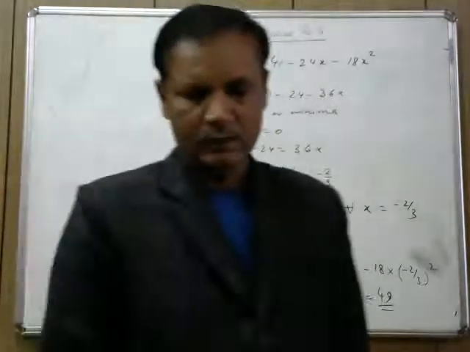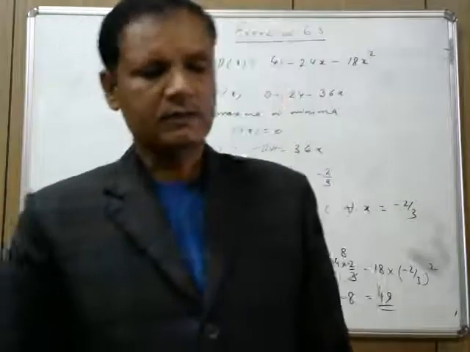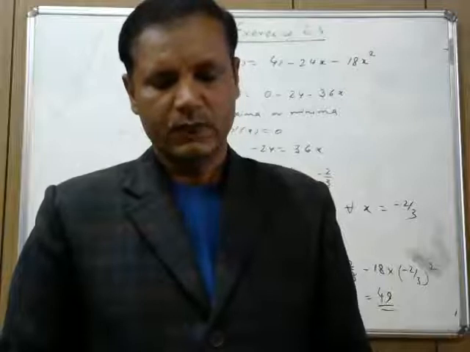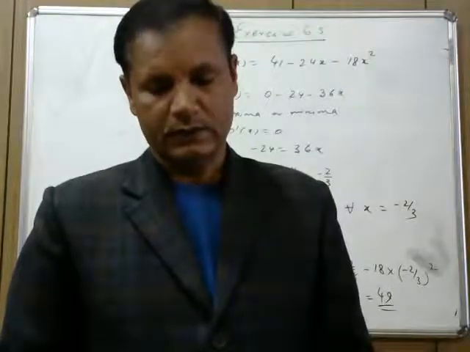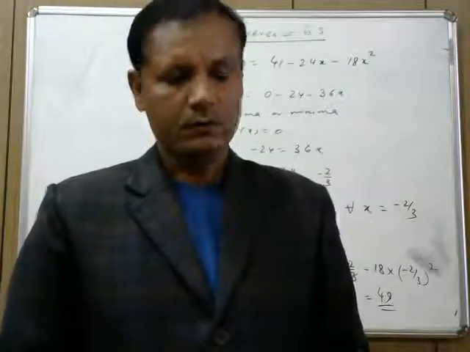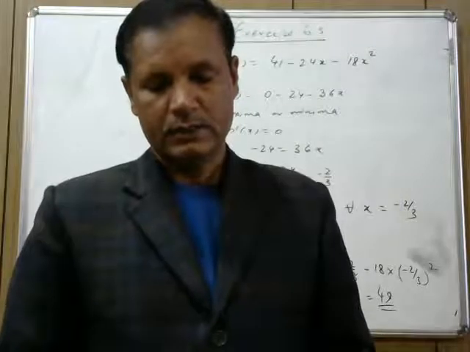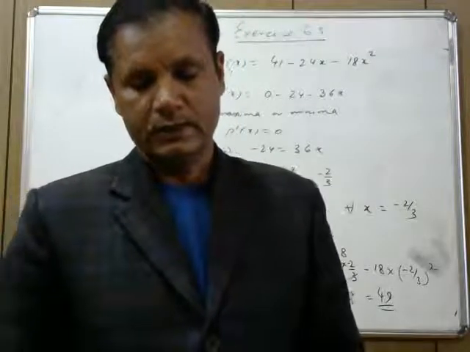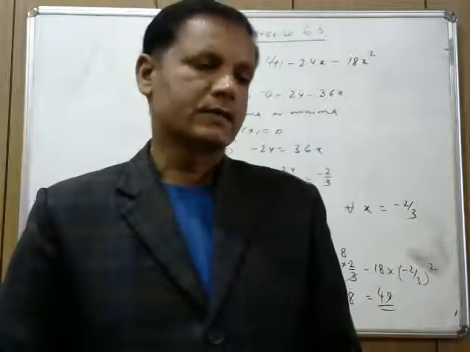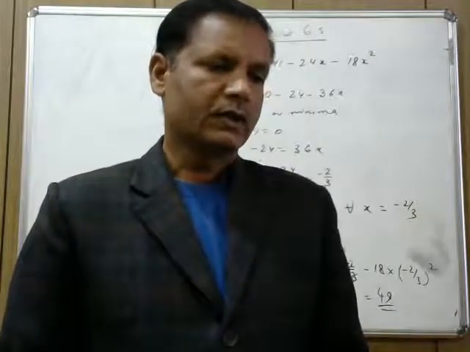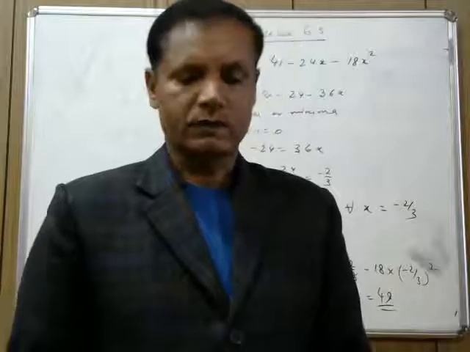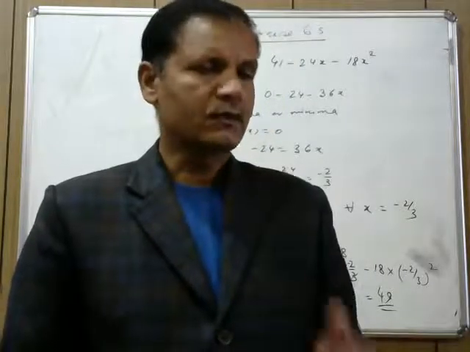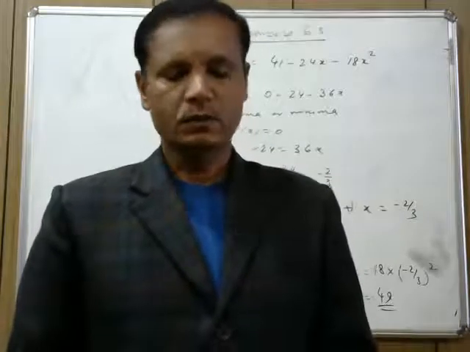Now the question number 7 says: find both the maximum value and the minimum value of the function 3x to the power 4 minus 8x cube plus 12x square minus 48x plus 25 on the interval 0 to 3. Whenever an interval is given, of course we have to find the absolute maxima or absolute minima.